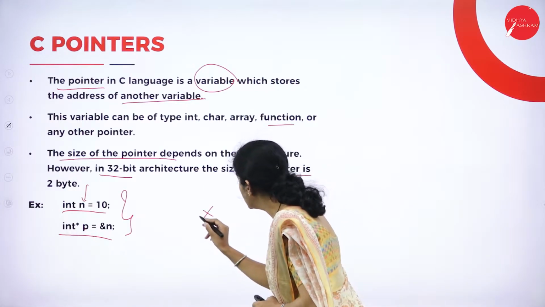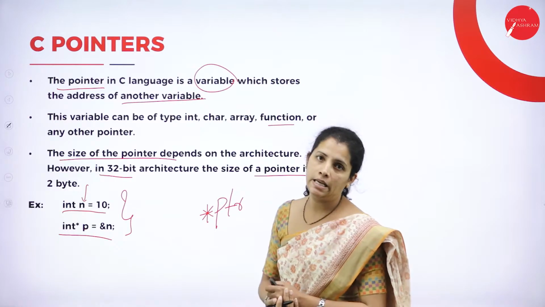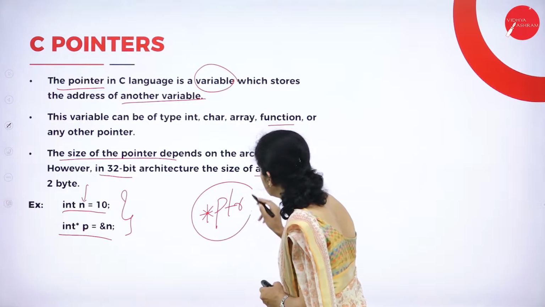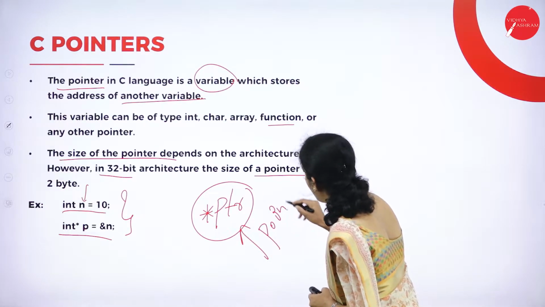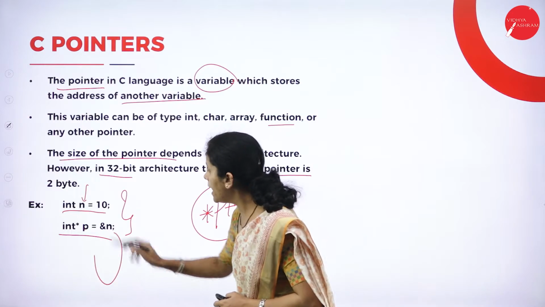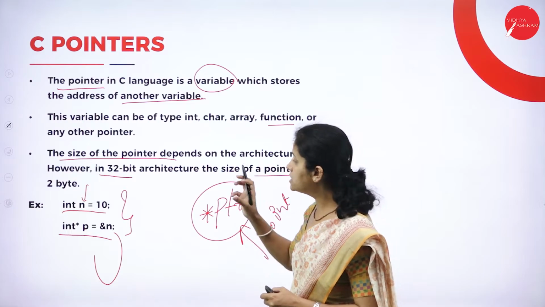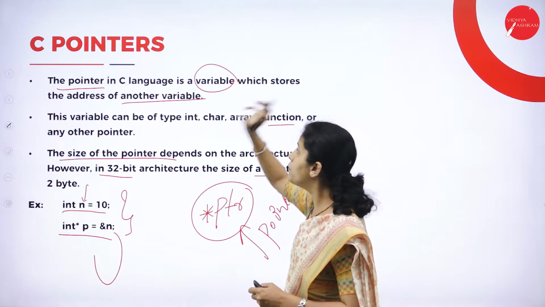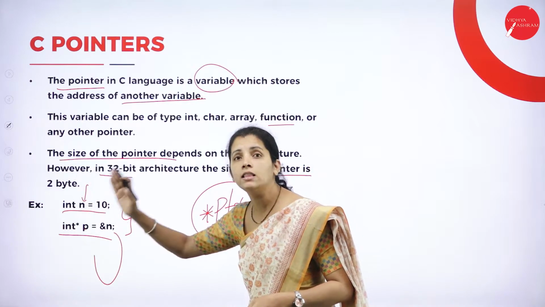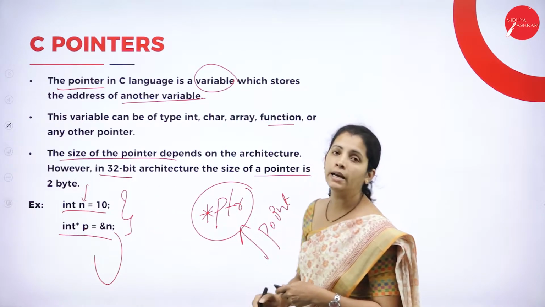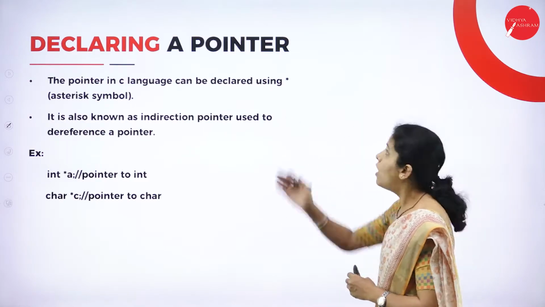To indicate it is a pointer, I'm going to write star ptr. So this represents the pointer, and I'm going to store the address of n in my pointer. So what is the pointer here? It is nothing but a variable, and it's going to hold the address of another variable, that is n.